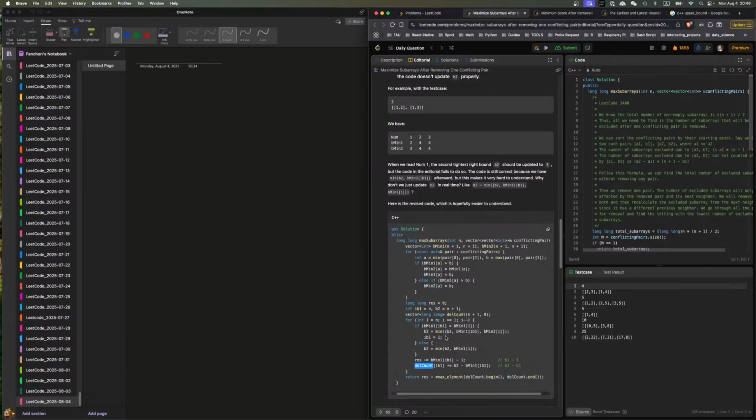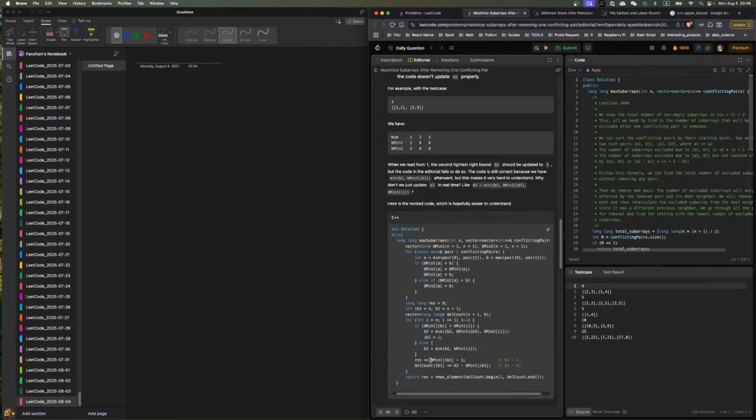B2 will be pointing to the second smallest, which is B2 or this, right? That's the second smallest, and the smallest is pointing to here. If not, then B2 will get updated by this. Yes, B2 always points to the second smallest, and then IB1 is pointing to the smallest one.